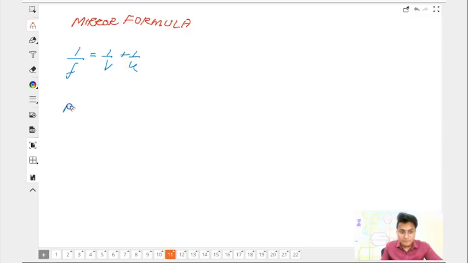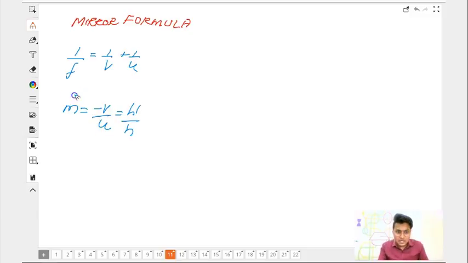Now let me take the part of magnification. The magnification formula for mirror scenario is minus v by u, where v again is image distance, u again is object distance. Now here lies the most important part. Magnification is also known as h dash by h.